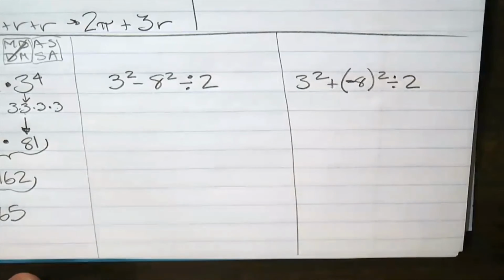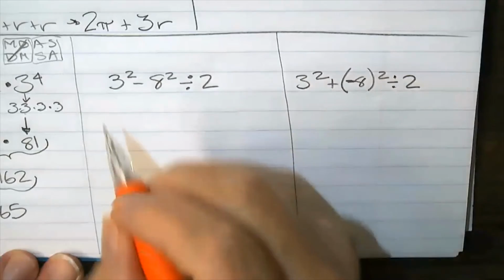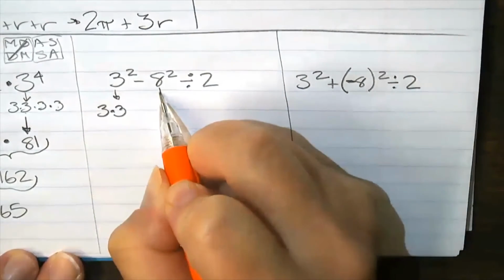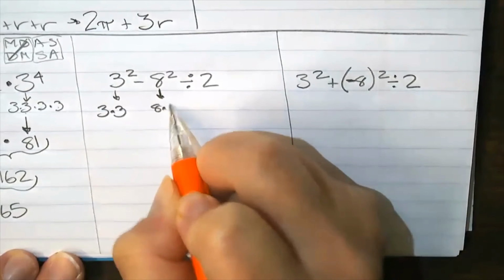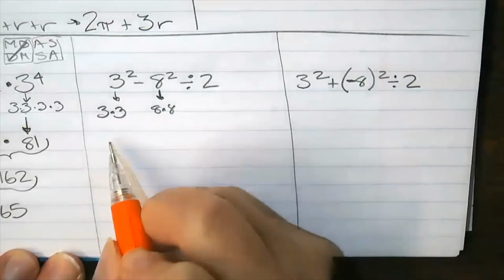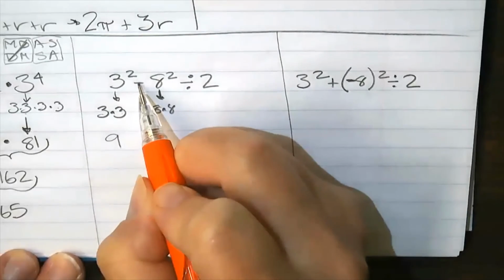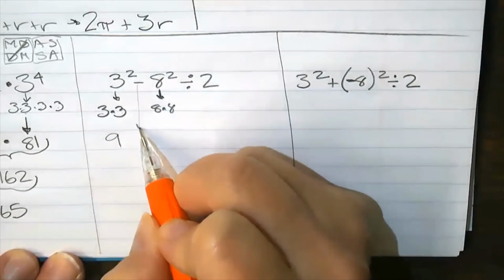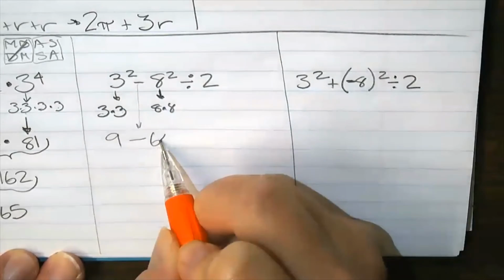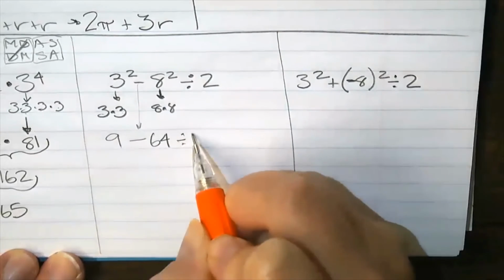So please excuse my dear Aunt Sally. We need to do exponents. This is 3 times 3, and this is 8 times 8. So 3 times 3 is 9. This subtraction sign comes down. 8 times 8 is 64, divided by 2.